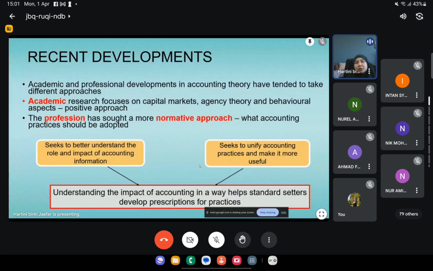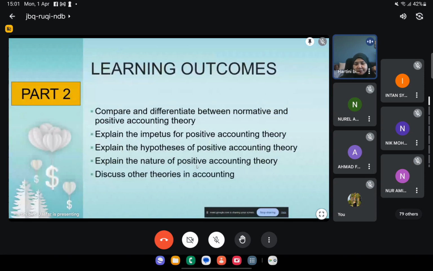So they will use these findings from the research in order to help them improve their accounting standards. But you have to bear in mind that the accounting profession really needs to dictate what accounting standards or what accounting practice should be adopted, because that is their job.